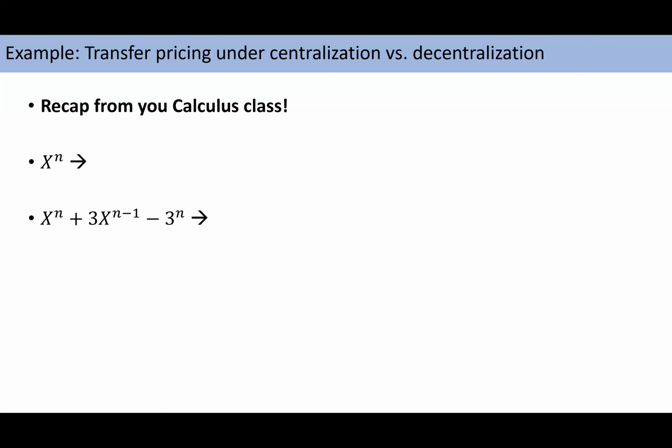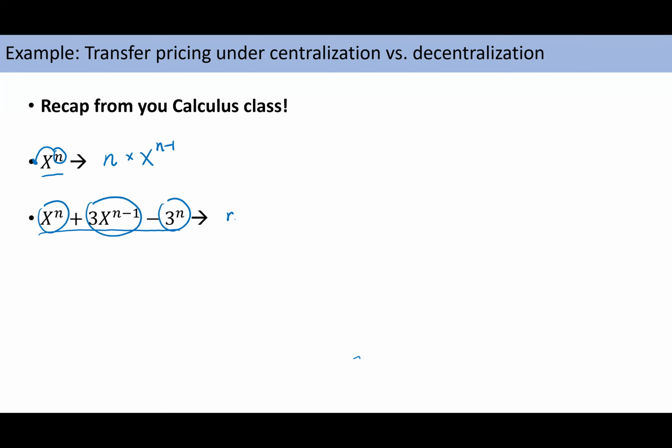If you want to take the first derivative of x to the n, then it simply is going to be n times x to the n minus 1. So what you do is you pull down this term here and you deduct 1. So if we want to take the first derivative in terms of x of this function, then we do it for each component independently.